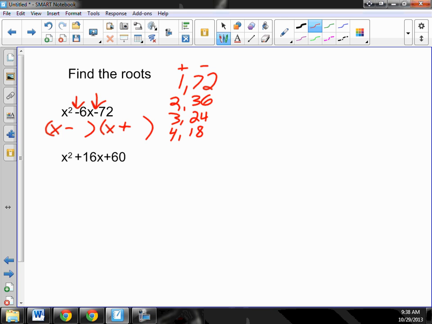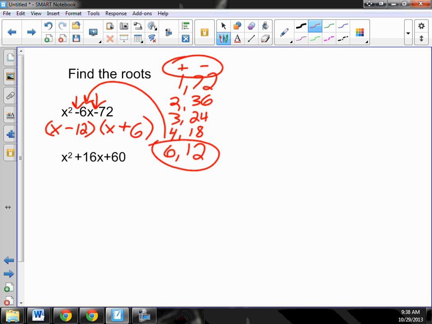No. 5 doesn't work. 6 and 12? 6 and 12 will create a negative 6, and I know where the signs go. So the 12 is negative and the 6 is positive. So those are factors. What are the roots? 12 and x equals negative 6. Good.